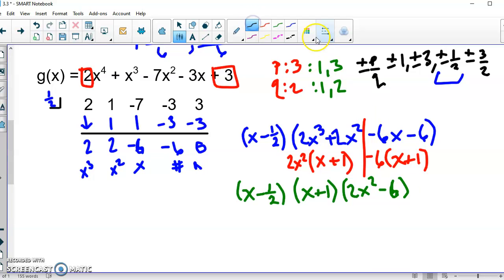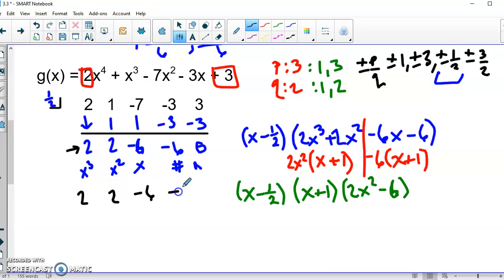All right, let me show you another option. Again, if this was not factorable, then we could continue solving what we have here, or trying to synthetically divide what we have here.